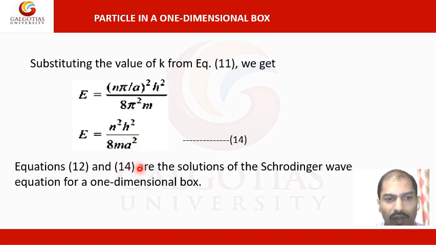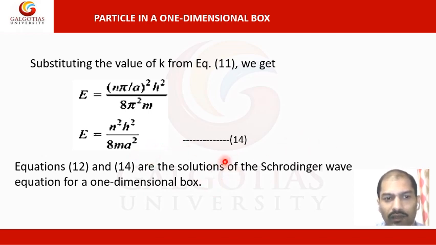So equations 12 and 14 are the solution of the Schrodinger wave equation for a one-dimensional box. For the one-dimensional box, you will find the solution in an energy equation which takes the shape n square h square upon 8 m a square.